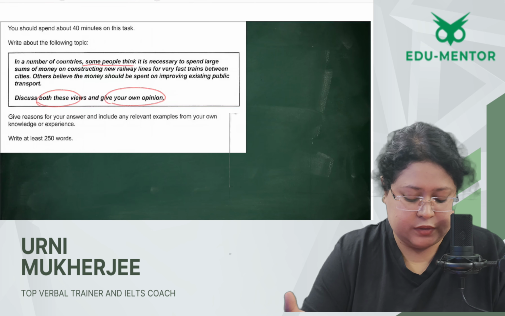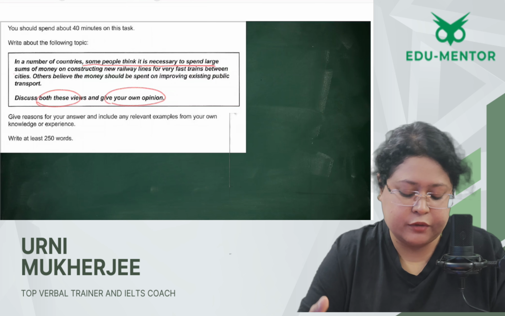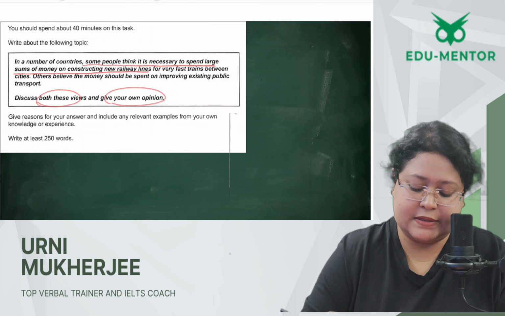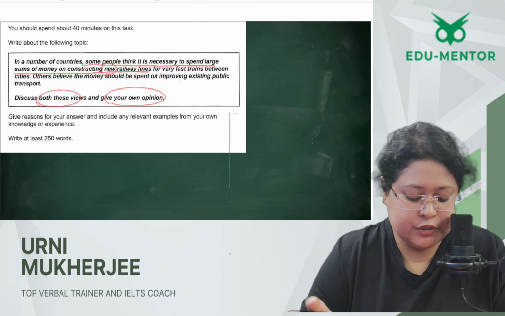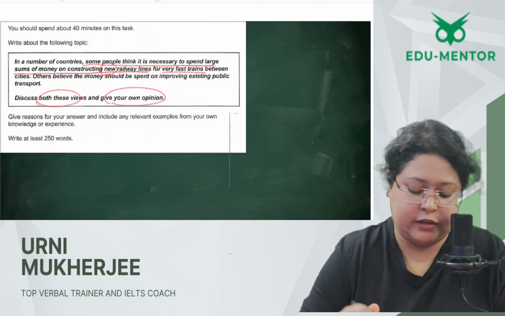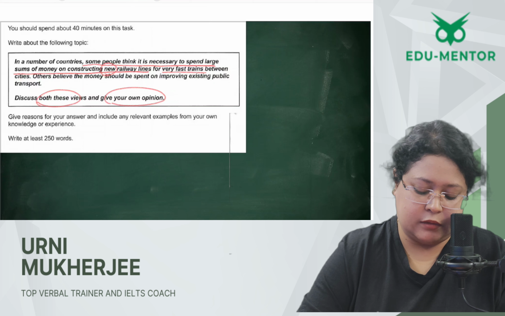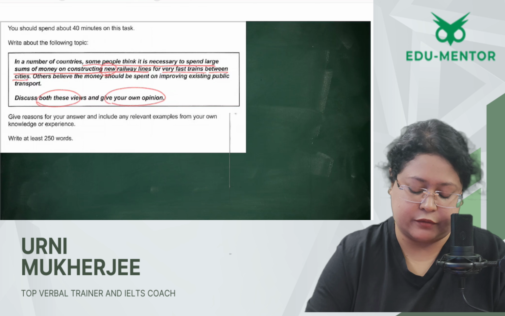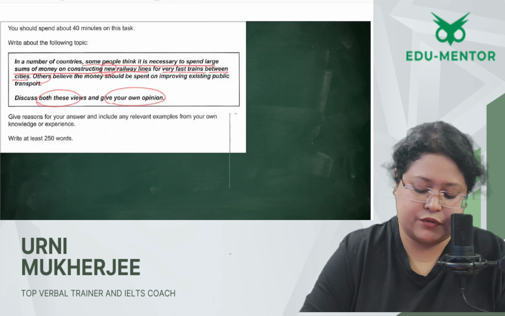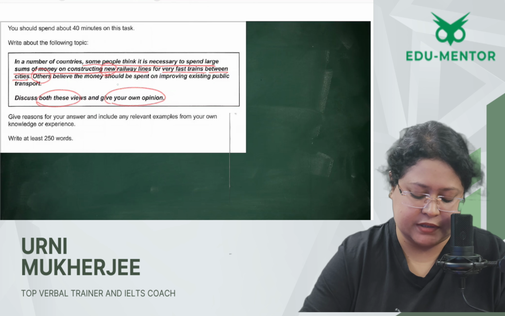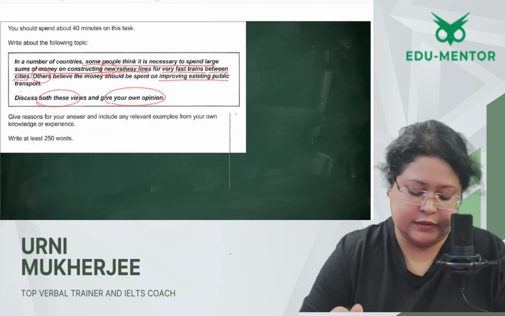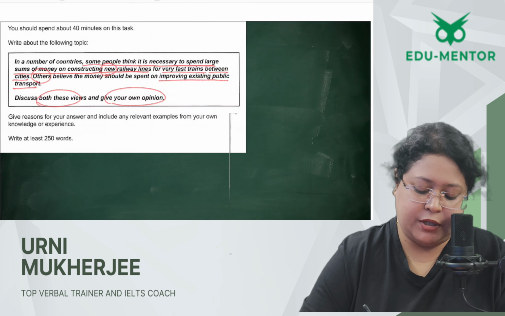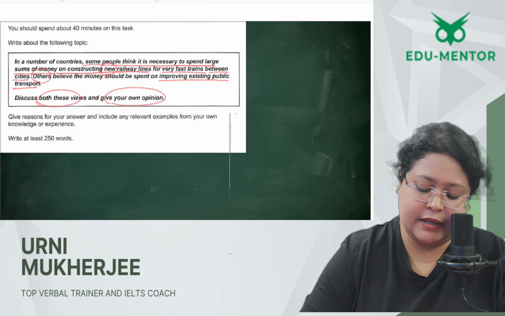So this one talks about how, in a number of countries, some people think it's necessary to spend large sums of money on constructing new railway lines, okay? New railway lines. That's your object for the first one. For very fast trains between cities. So, intercity, basically. Now, others believe the money should be spent on improving existing public transport.